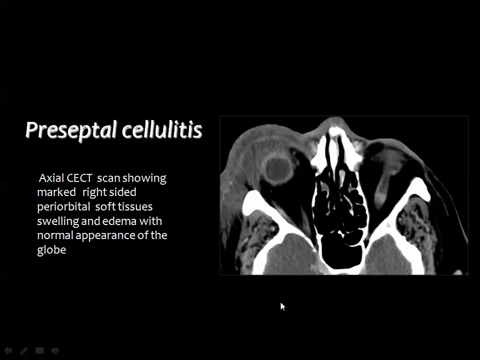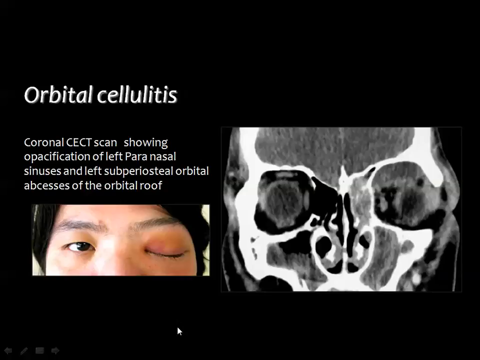This is also an example of preseptal cellulitis involving the eyelids and the preseptal area of the orbit, extending along the lateral orbital margin, but the orbital contents are not involved by this inflammation.